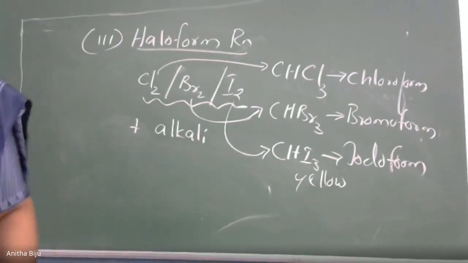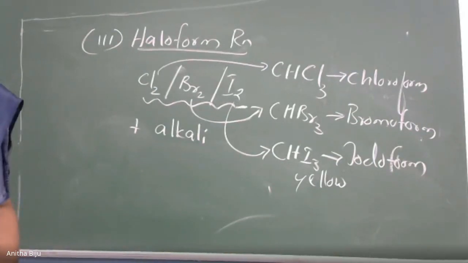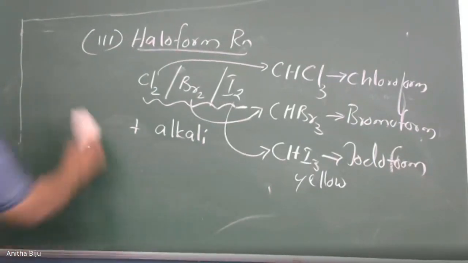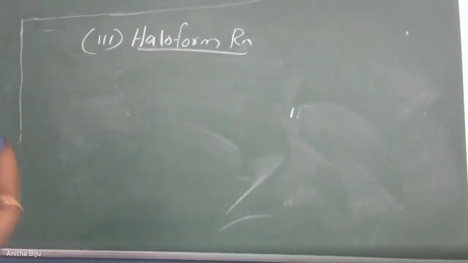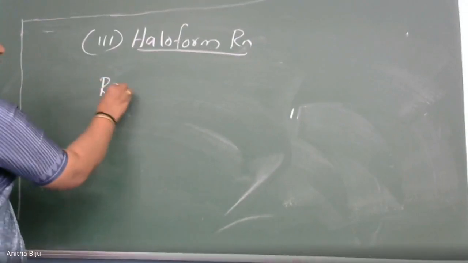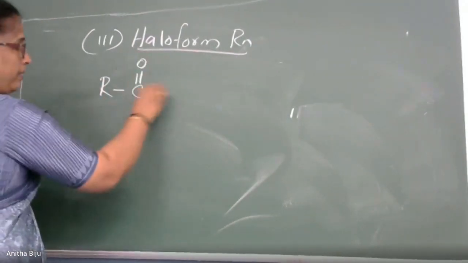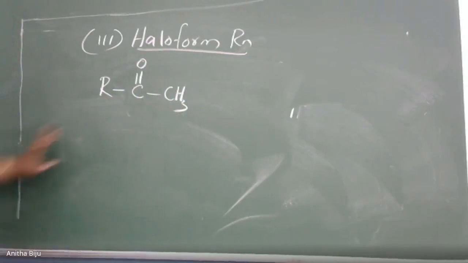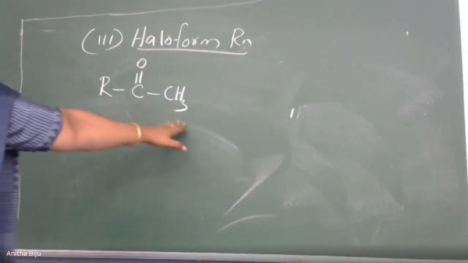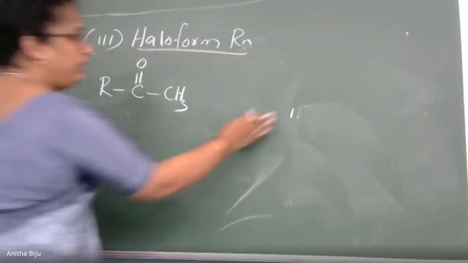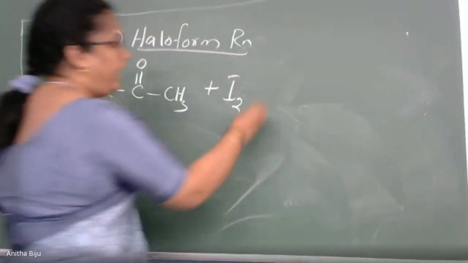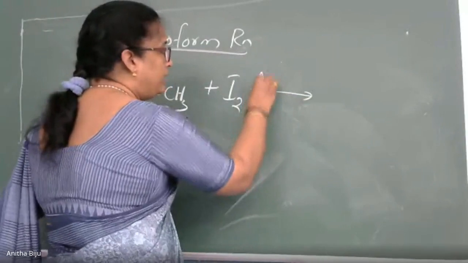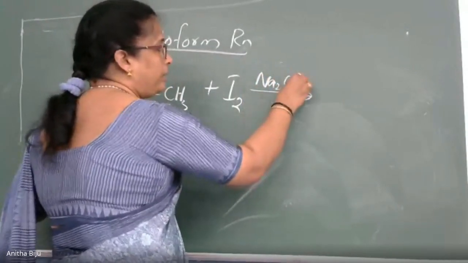So this is the summary behind the haloform reaction. Now I will write what exactly the reaction is. I will give one example. After that, I will dictate the reaction so that you can note it down. Condition: a compound with the ketomethyl group reacts with iodine and alkali, Na2CO3.